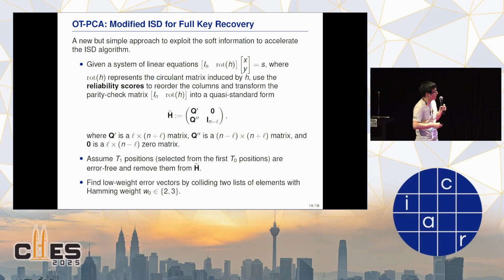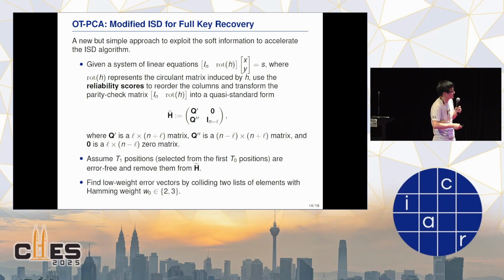This follows the Sendrier framework. We write it into this quasi-standard format. But note that in traditional ISD, we sample multiple times. Here we just have a one-pass ISD. We do this Gauss simulation according to the reliability scores.